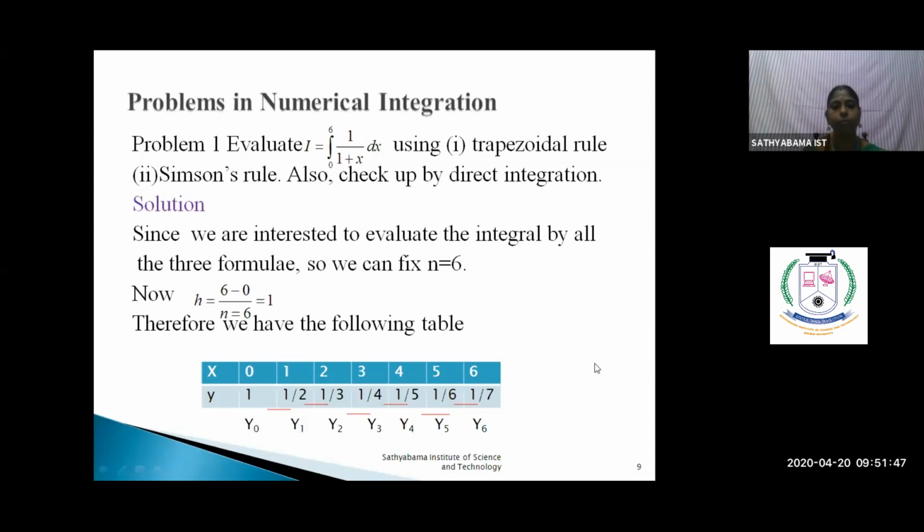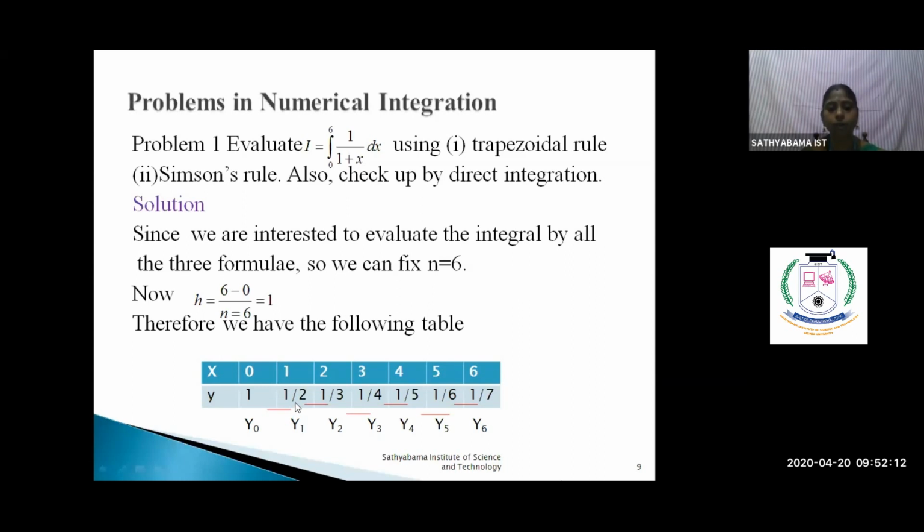What you get is 1 by (1 plus 0), that's 1. So the corresponding y value is 1 here. Then put x equal to 1: 1 by (1 plus 1), so it is 1 by 2.